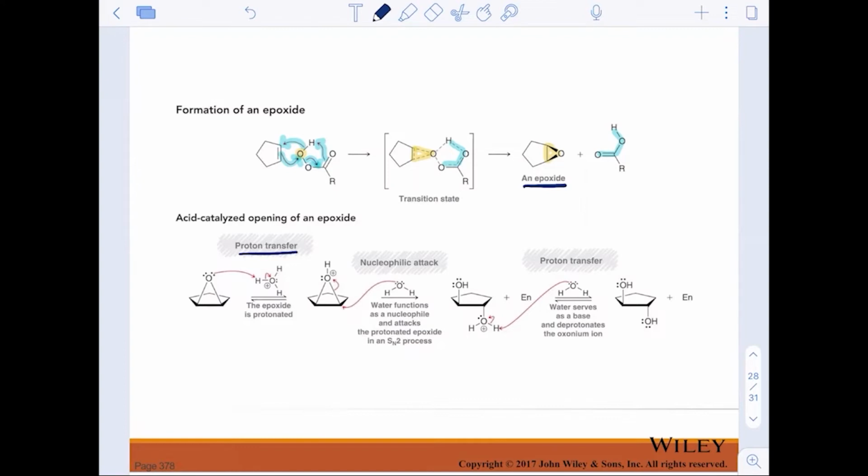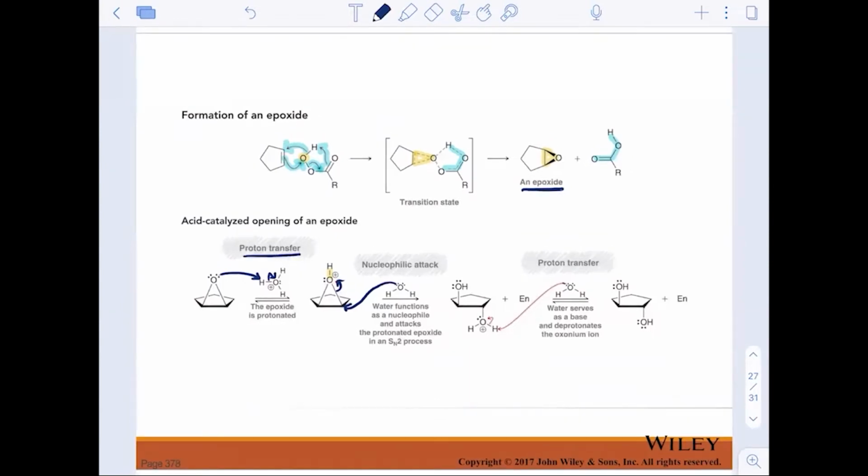And so when we think about O minus leaving, that's not good. That's a base. We actually want to see oxygen leaving as a neutral thing like water or an alcohol. And so we'll first do that proton transfer. H3O plus provides the proton. And there it is. That makes oxygen a much better leaving group. Water can then come in anti-addition, right? Nucleophilic attack. Beautiful.